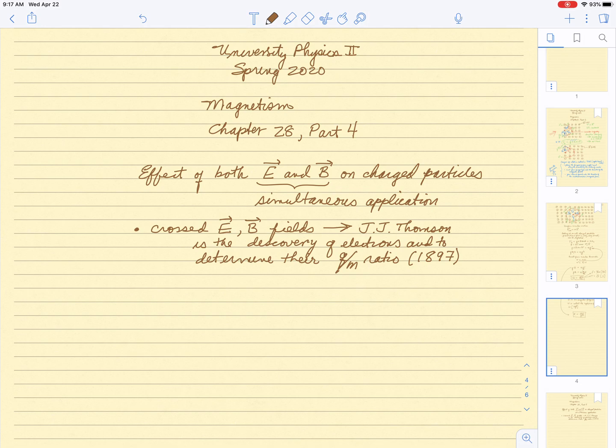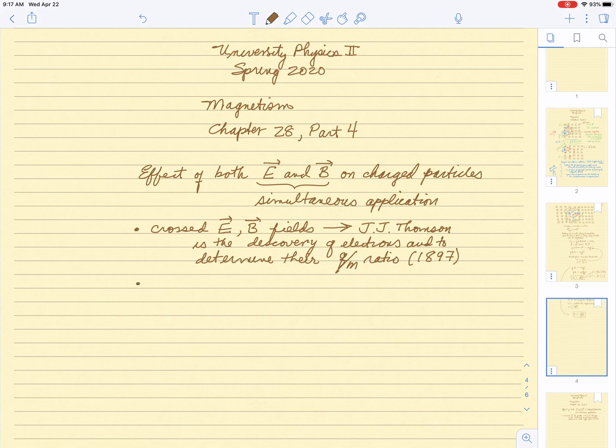So again, using electric and magnetic fields in combination, sometimes what is called crossed electric and magnetic fields, because as you're going to see, when they're perpendicular, certain magical things can happen.